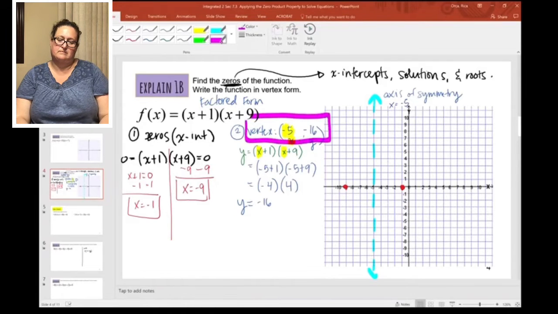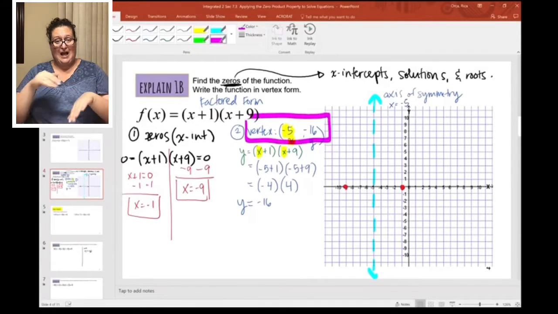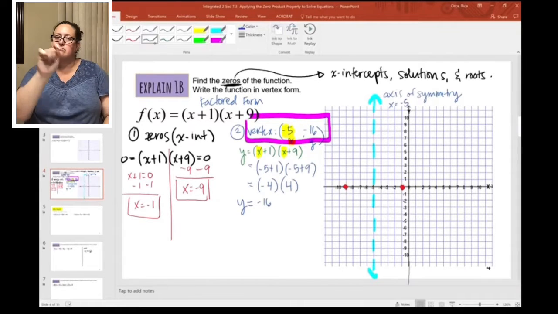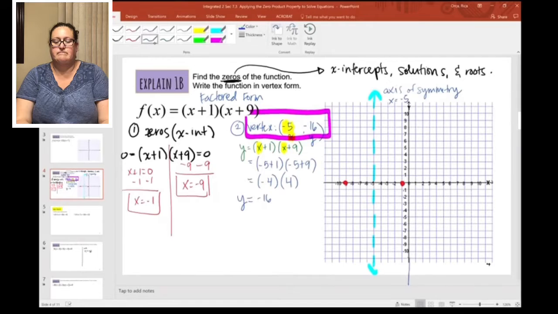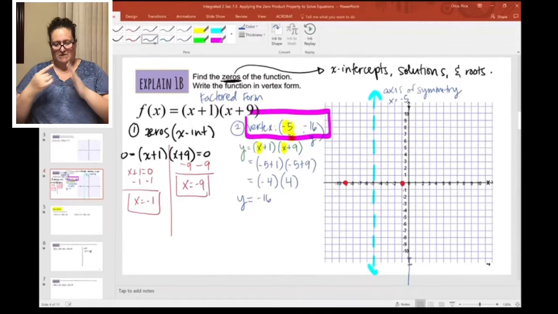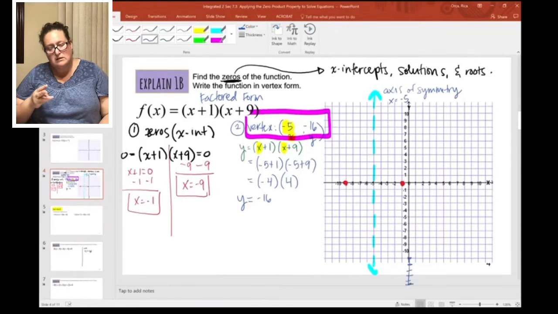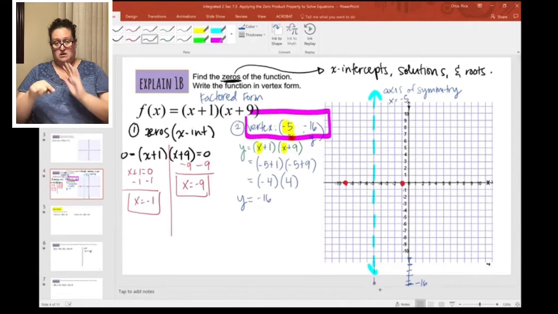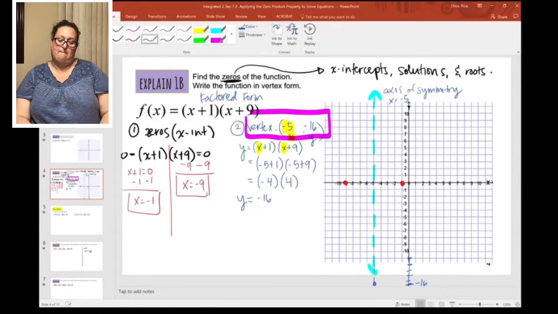So now I know that the vertex is at -5, -16. I'll go ahead and plot that point. I'll extend my graph, -11, -12, -13, -14, -15, -16. So -5, -16. We'll put it right there.